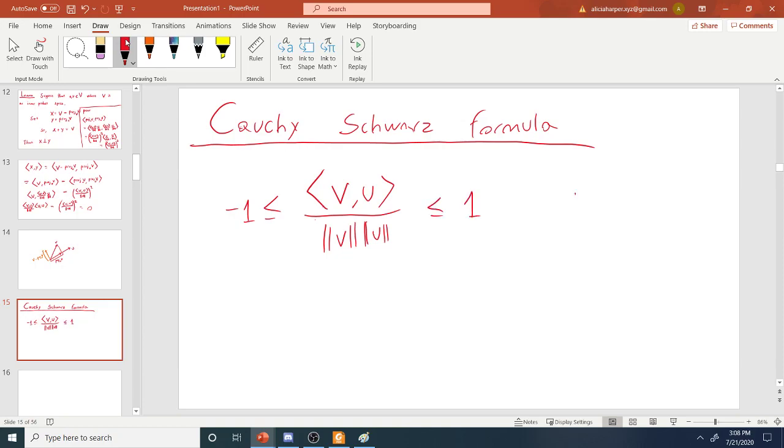And this is true for any inner product space. So here's how this proof goes.